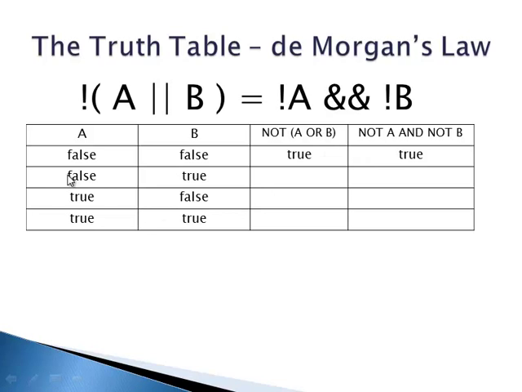Now the next one, a false and a true. This is false or true. Because at least one of them is true, that resolves to true, but will be negated and become false. Again, we have a not false here, which gives a true, but a not true here, so we'll have a true and false. That will resolve to a false.